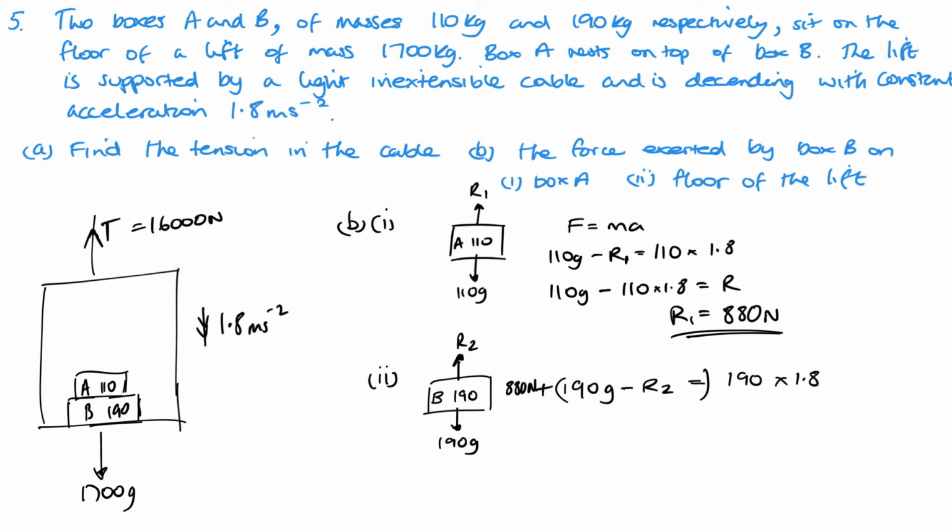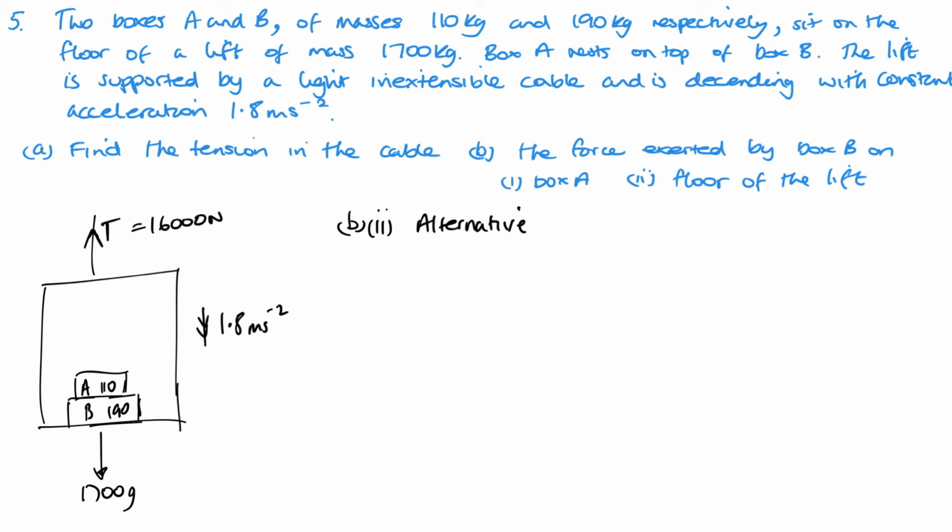So that should, with a bit of rearranging, mean that I have 2,400 newtons. So this is my 880 plus my 190 times 9.8 minus this, as I've taken out this side, and that is then my final answer.